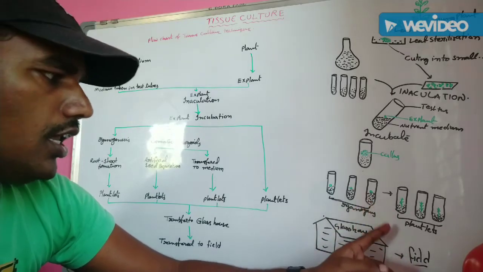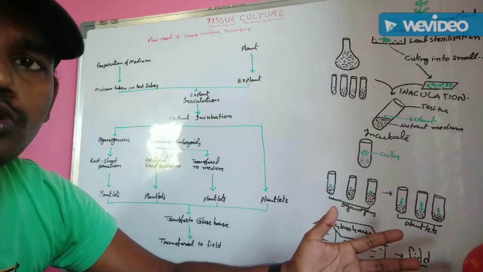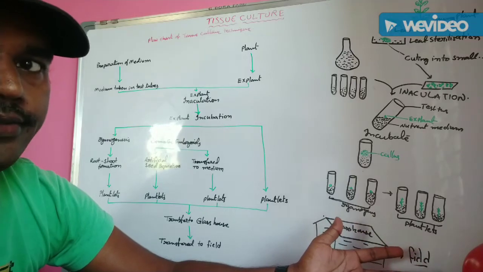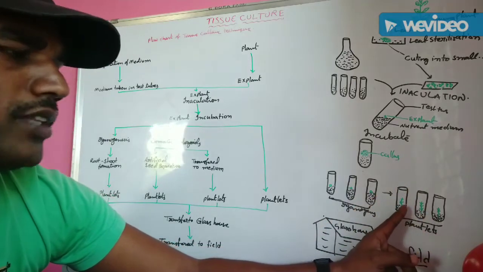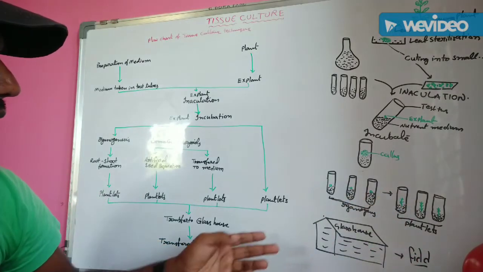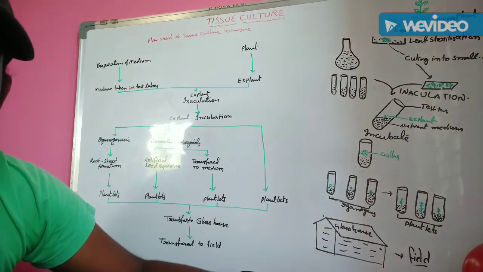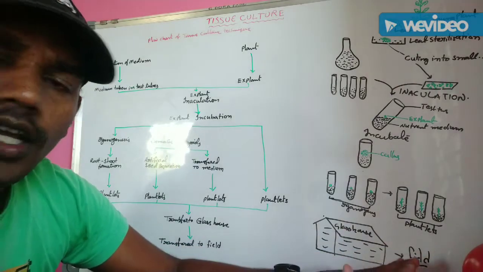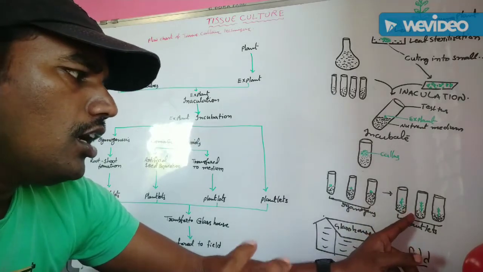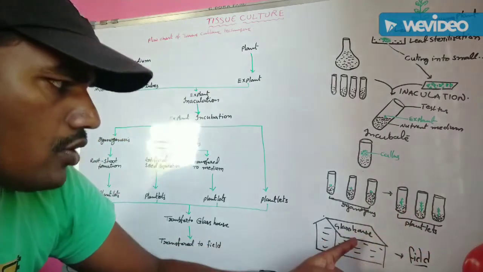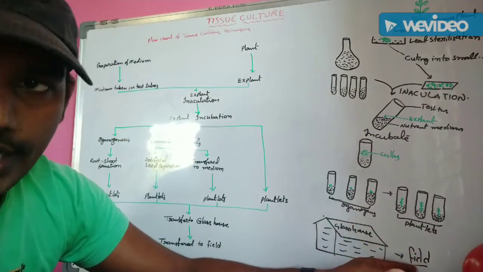In the glass house, you maintain suitable conditions to grow the plantlets. So you transfer these plantlets from the test tubes into the glass house, gradually and carefully. Then the plantlets are transferred to the field.